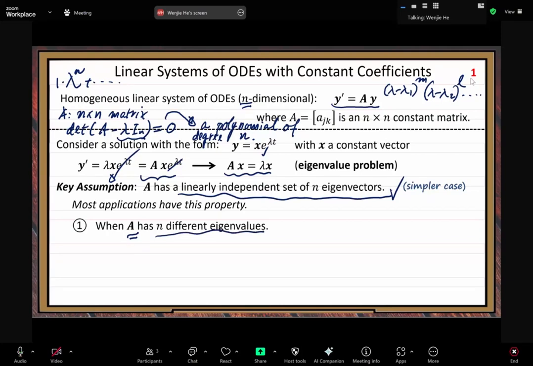That means the determinant of A minus lambda I equals lambda minus the first eigenvalue, lambda minus second eigenvalue, and so on, lambda minus the last eigenvalue, and all these n eigenvalues are distinct.